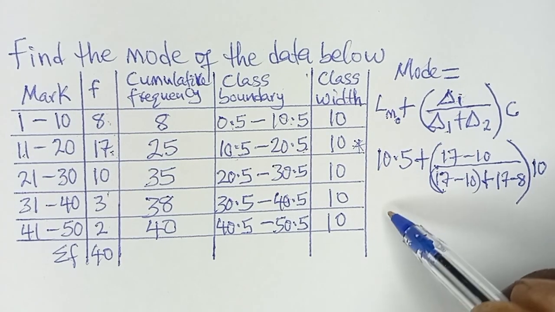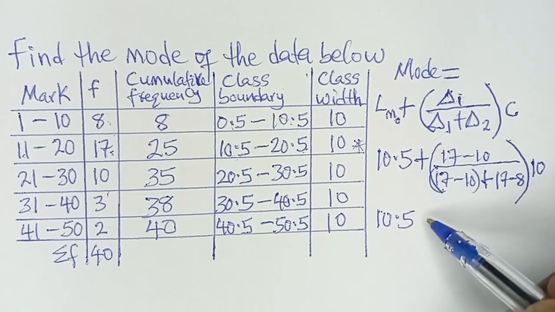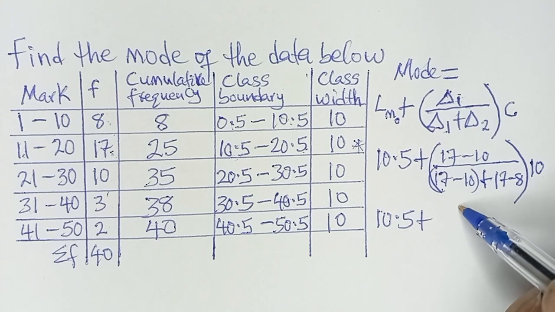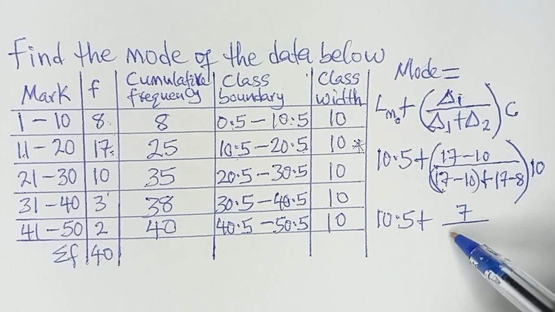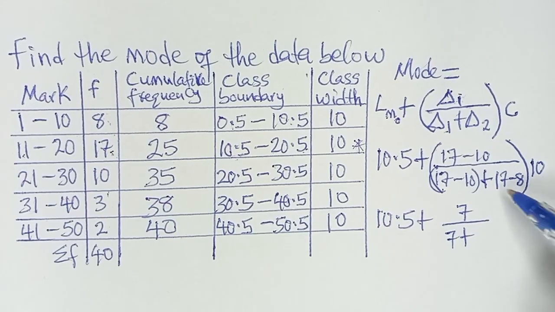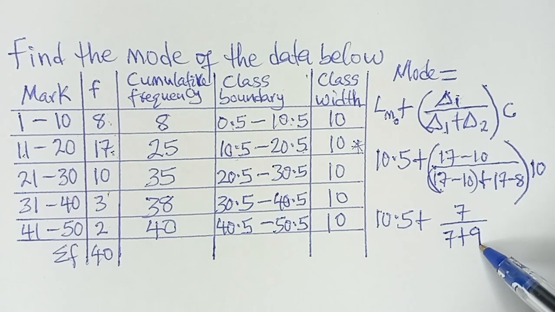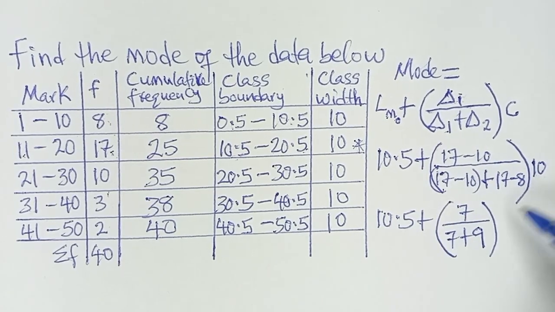So now I can move on and say 10.5 plus 17 minus 10 is 7, all over 17 minus 10 is 7 plus 17 minus 8 is 9. And then all multiplied by C, which is 10 here.